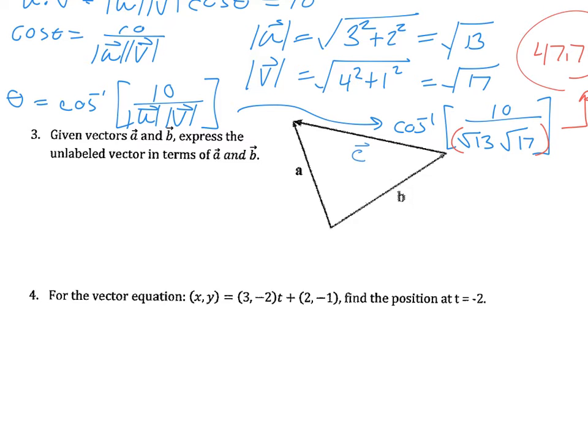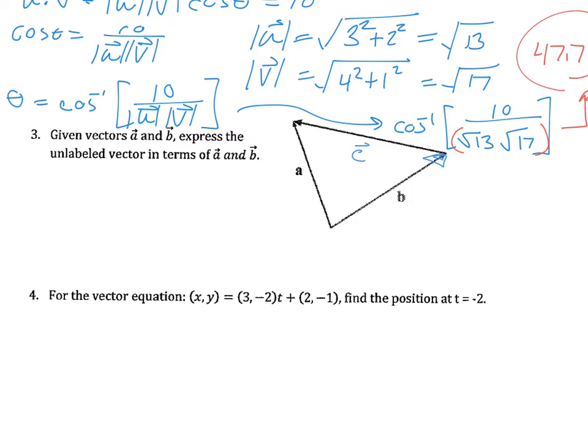I could say, could you say B plus C equals A? Yes, so B, which has an arrowhead up there, and C, they are oriented head to tail.